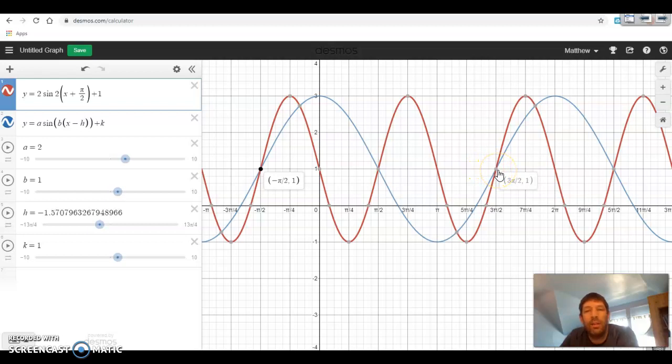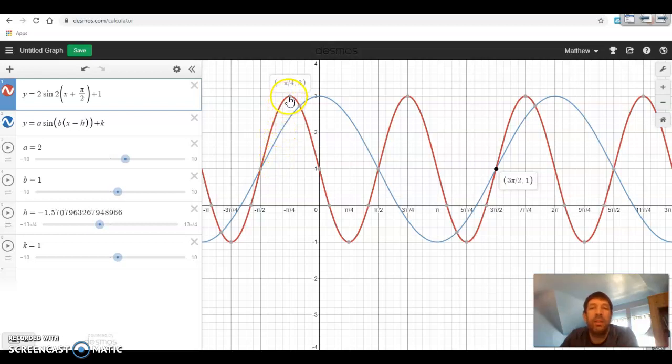So I can see that if I start here and I go along this red graph, I've completed 1 cycle, and then I start over and I complete a second cycle. So in a distance of 2 pi, I'm completing 2 cycles.